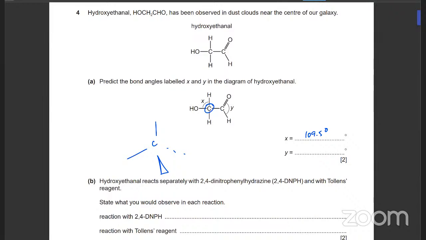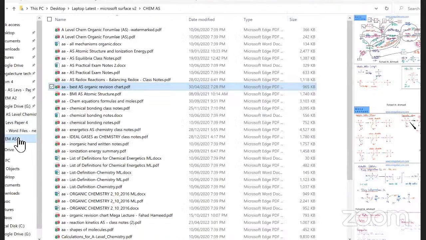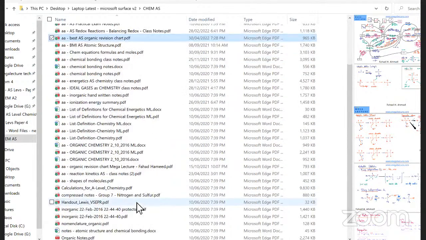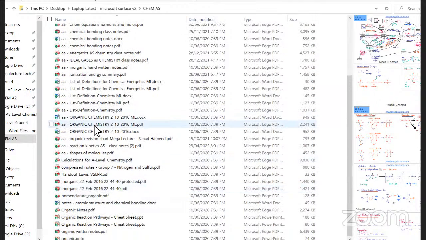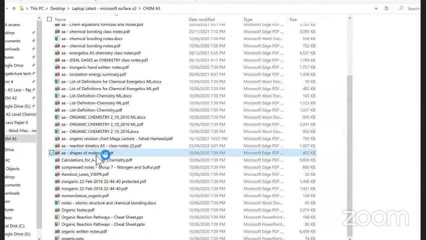We used to get 90 in many shapes, so let's go through all of those. Just a second. There will be shapes here. In SF6, the angle was 90 when you had 6 bonds. And square planar was 90 as well.